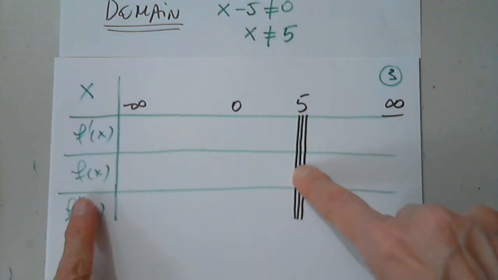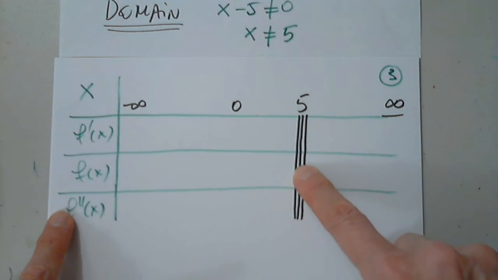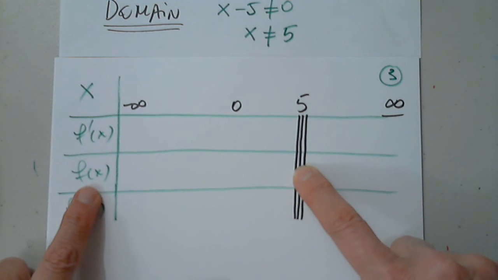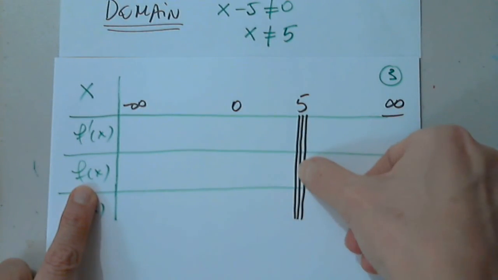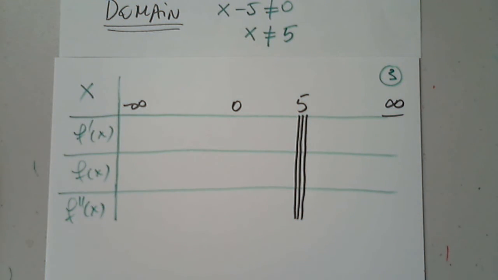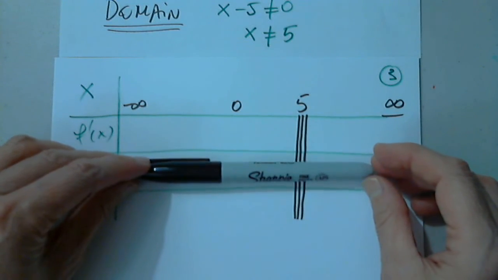If the function is undefined at 5, of course its derivatives will not be defined. We know that a function is differentiable if it is continuous and it doesn't have a cusp or a corner. This function doesn't even exist, so of course the derivatives will not exist.